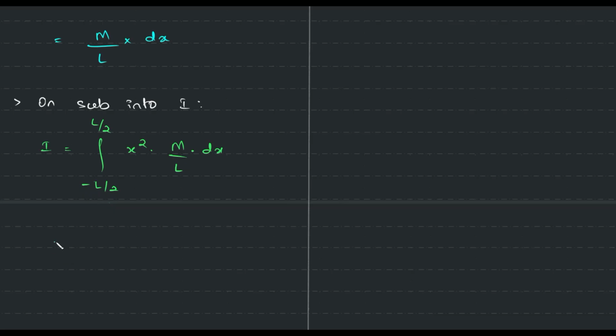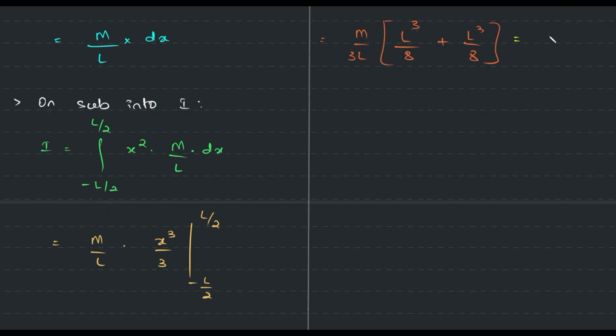Now we have m by L common. Then we have integration of x square, which is x cube by 3, from minus L by 2 to plus L by 2. A bit of math and we end up with m by L times 1 by 3, and here we have L cube by 8 minus of minus L cube by 8.